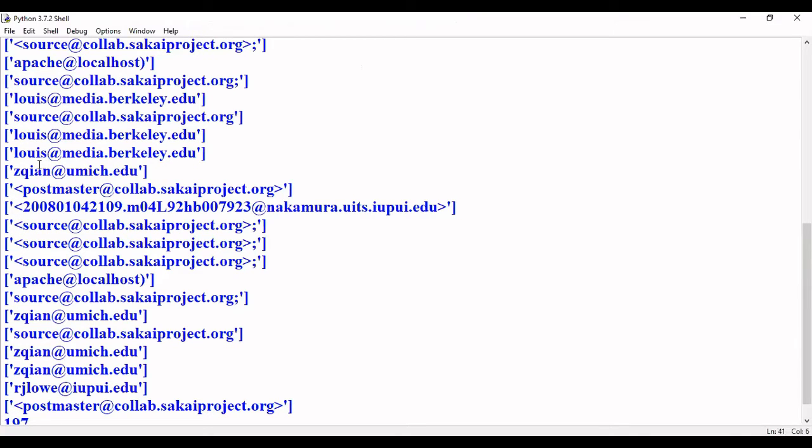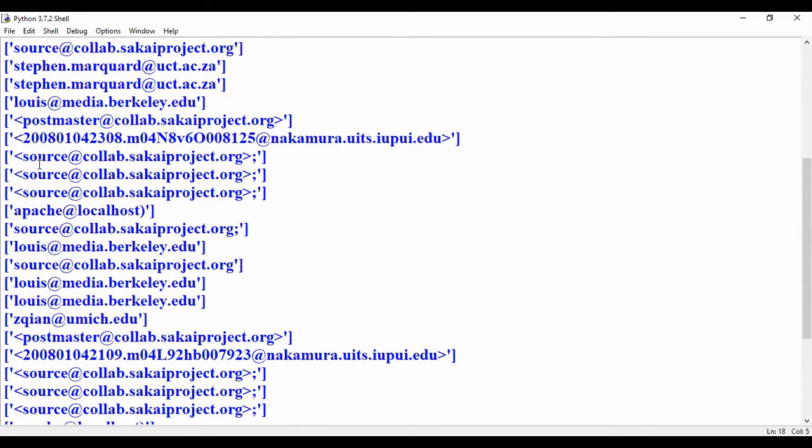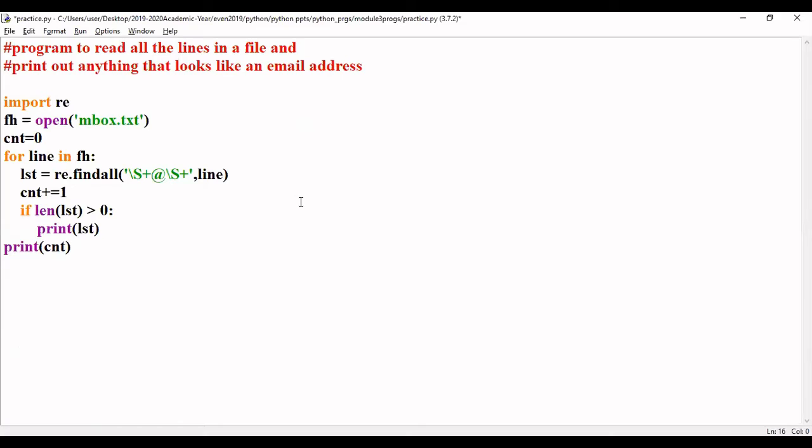Some email IDs start with numbers. If you see, it is starting from numbers, right? But the ending is only characters. Now, keeping this in mind, we will be writing a regular expression. Now, how do we write a regular expression to exclude those unwanted characters?